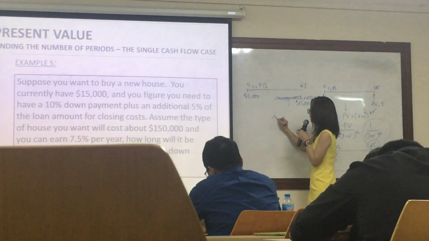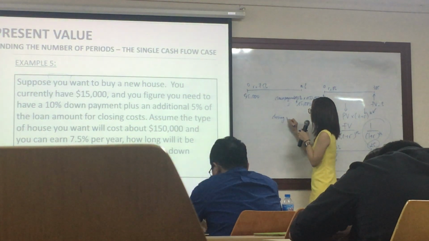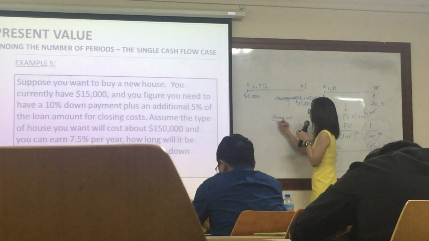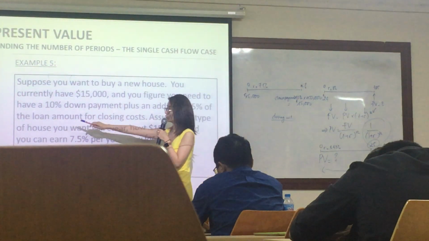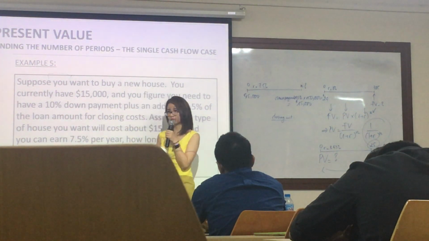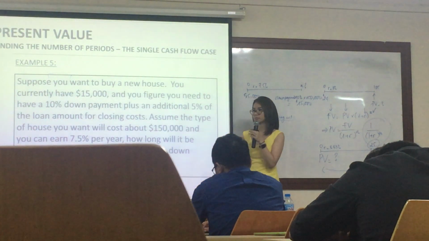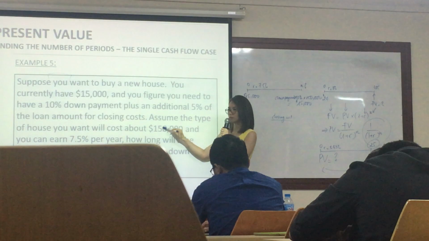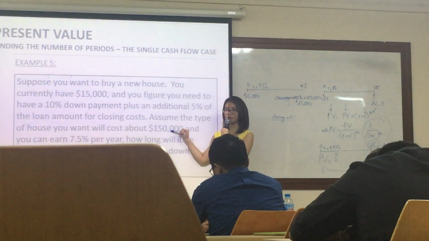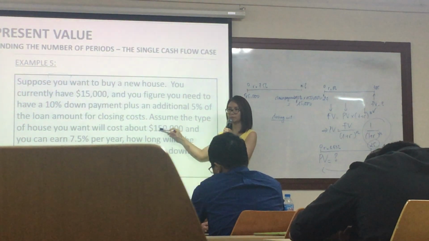How about the closing cost? For the closing cost, this is 5% of the loan you borrow. So how much do you borrow from the bank? Will you borrow this amount, 150,000 US dollars?